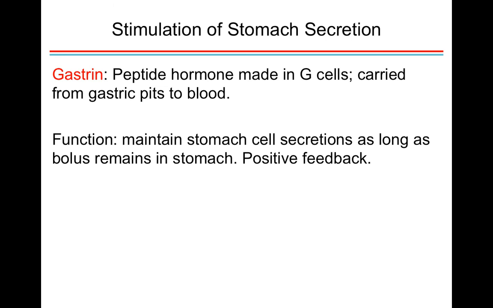As long as there's food in the stomach, the G cells will be activated to secrete gastrin, because that's when you need the pepsinogen and hydrochloric acid being secreted. If there's no bolus in the stomach, then the stomach doesn't need to be secreting all this hydrochloric acid and pepsinogen, because they don't have anything to be breaking down.